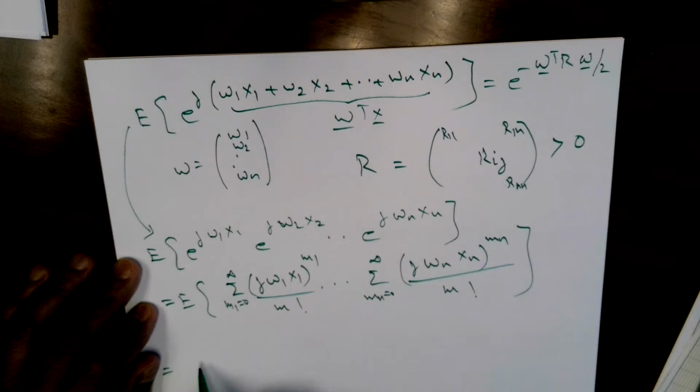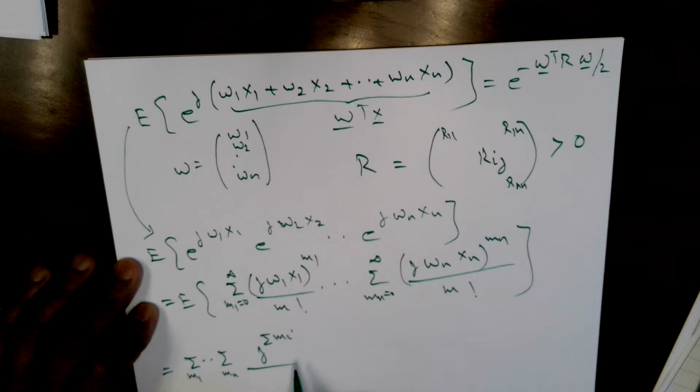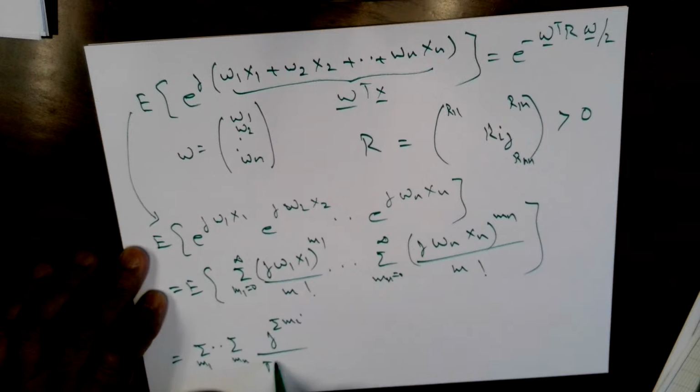So if we multiply all this together, you notice that there are multiple summations on m1 through mn, then j to the power sigma mi, and divided by the product of mi factorial, i equal to 1 through n. Each of these goes from 0 through infinity.